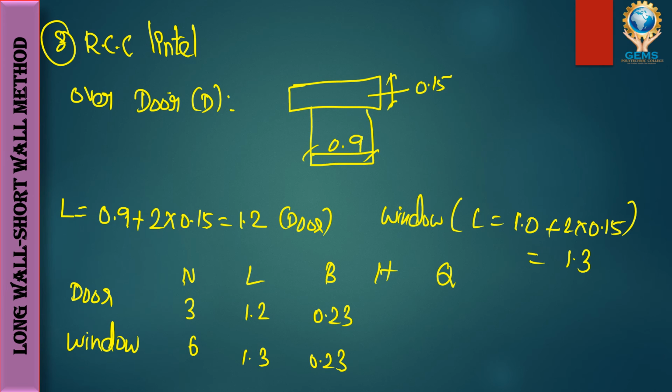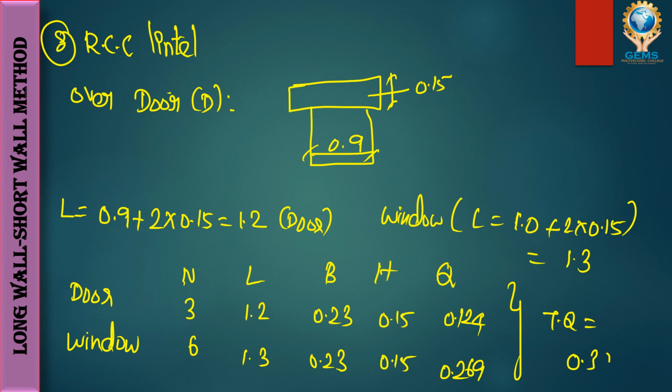Then the height is the thickness of the lintel. By multiplying, we get the quantity 0.124 for the door and 0.269 for the window. By adding these, the RCC lintel total quantity is 0.393 cubic meters. This is how we calculate the total quantity for RCC lintels.